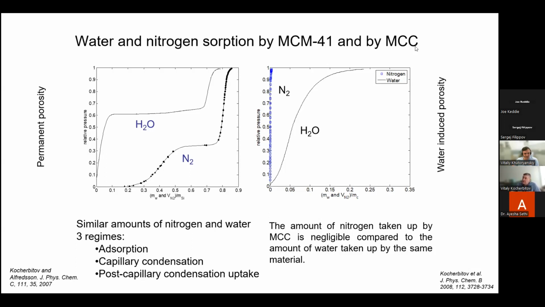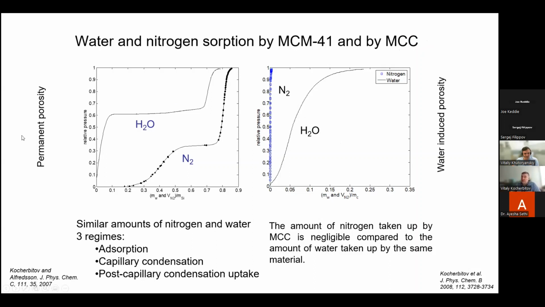But in the case of a carbohydrate-based material like microcrystalline cellulose, we actually see that nitrogen is almost not absorbed in comparison to water, and water is absorbed orders of magnitude more than nitrogen. And then we can distinguish between two different types of porosity.